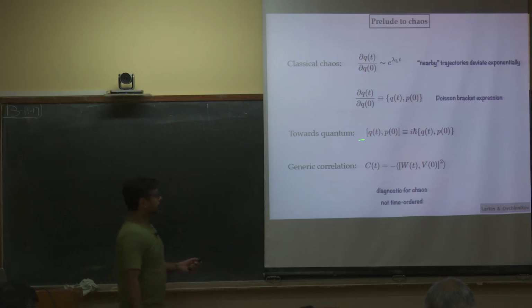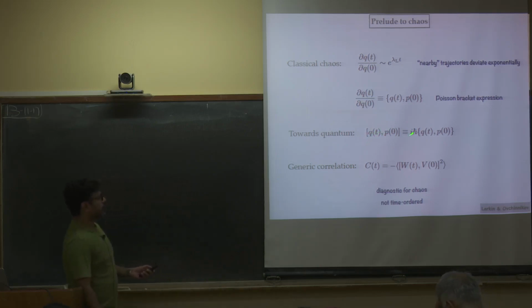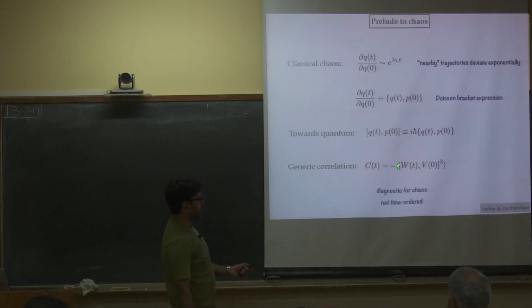So in terms of quantum mechanics, this commutator must behave like this; that is your diagnostic, if you will, of whether a system is chaotic or not. And because of these factors of i, you can square it up to have -1 in front, and then define this C of t, the expectation value of a commutator squared, which is what you use as your diagnostic of chaos.